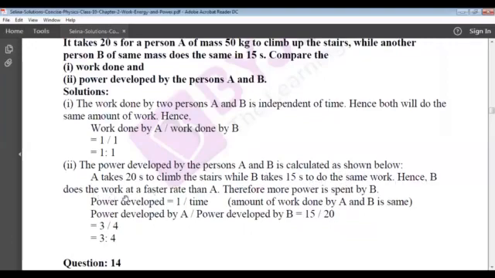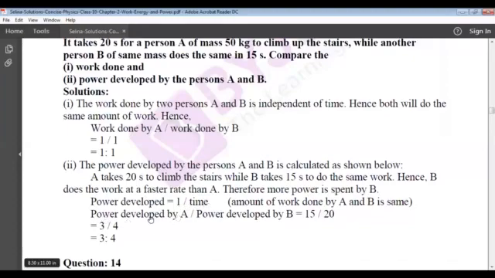Hence, B does the work at a faster rate than A. Therefore, we can say that B is doing the work faster comparative to A. Therefore, more power is spent by B. So now we need to find the power developed. Power developed is equal to work done divided by time.